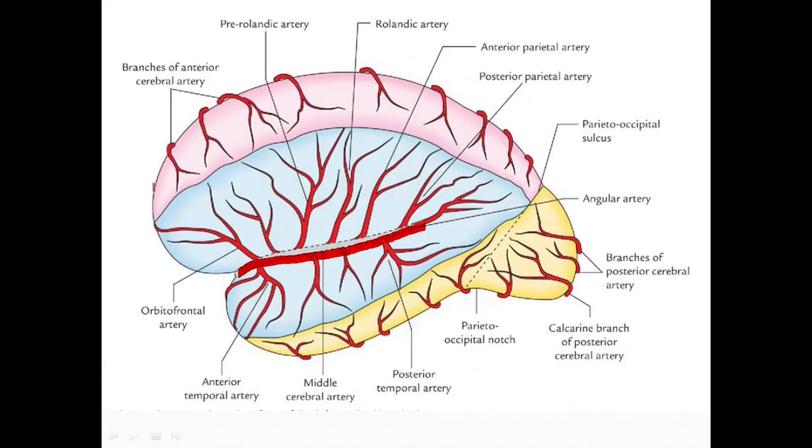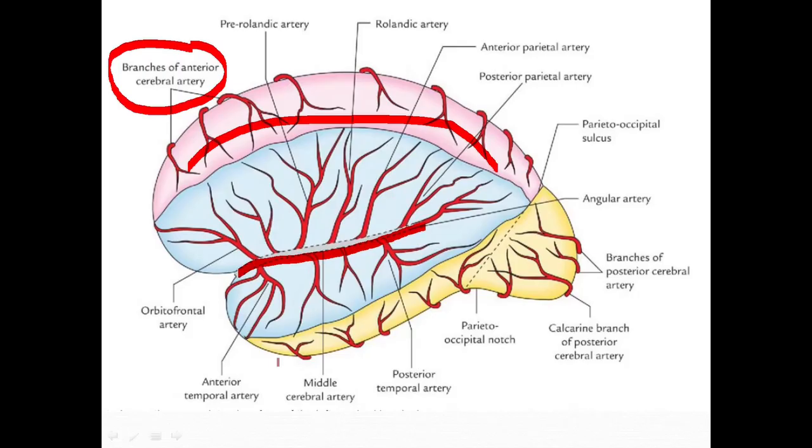So now when you see the superolateral surface, the outermost margin areas are all supplied by branches of the anterior cerebral artery. The temporal lobe initially, lower down, and the occipital lobes are all supplied by branches of the posterior cerebral artery.